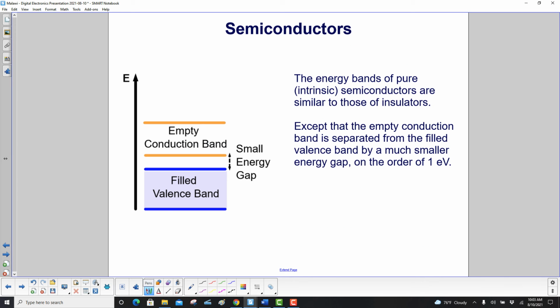The energy bands of pure or intrinsic semiconductors are similar to those of insulators, except that the empty conduction band is separated from the filled valence band by a much smaller energy gap. That's on the order of 1 electron volt.